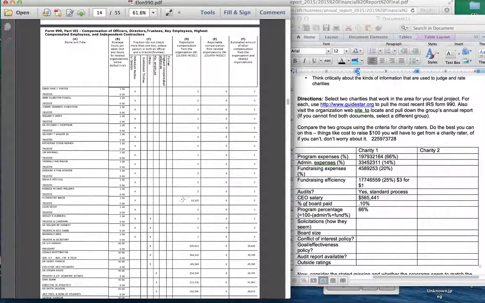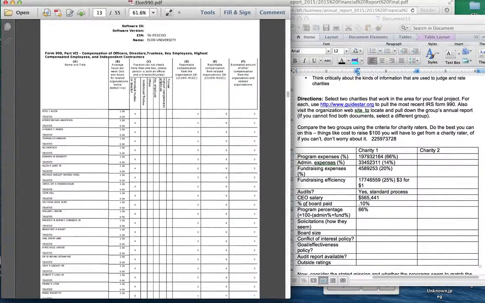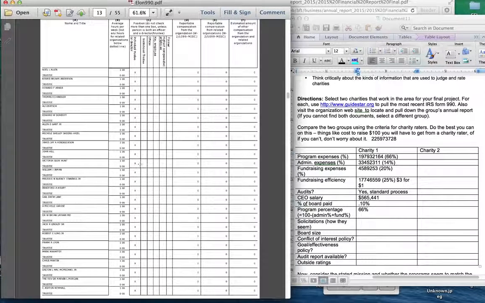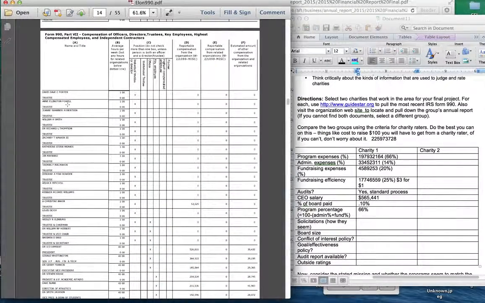All right. Here's the one person on the board who gets paid. I'm going to have to count the number of members on the board. So we've got 1, 2, 3, 4, 5, 6, 7, 8, 9, 10, 11, 12, 13, 14, 16, 17, 18, 19, 20, 21, 22, 23, 24, 25, 26, 27, 28, 29, 30, 31, 32, 33, 34, 35, 36, 38, 39, 40, 41, 42.